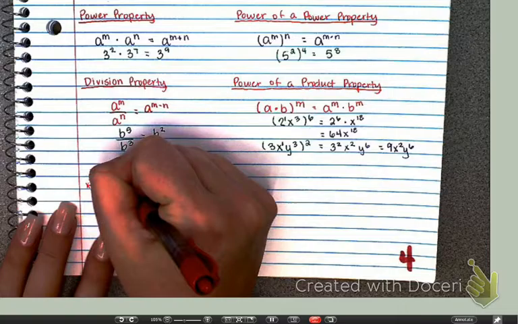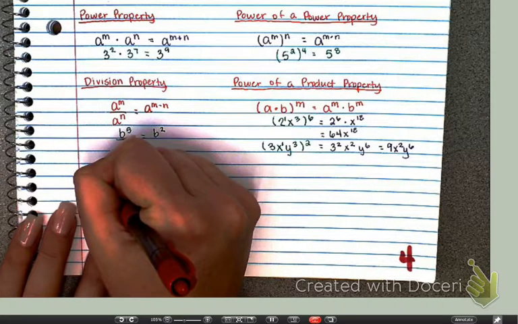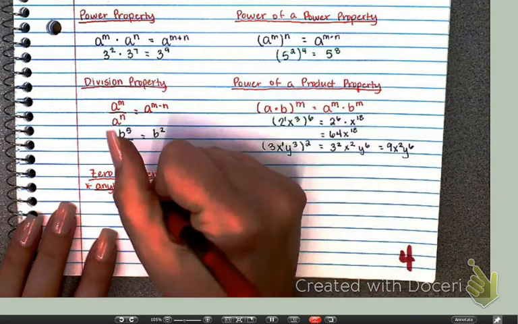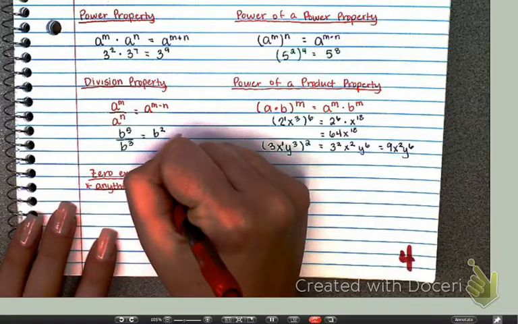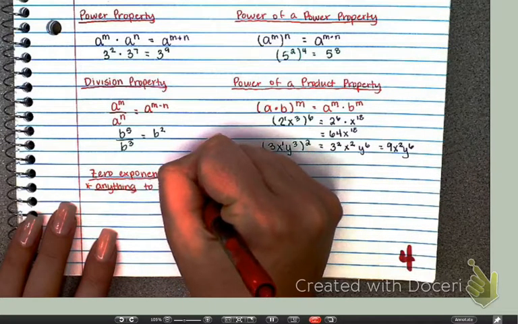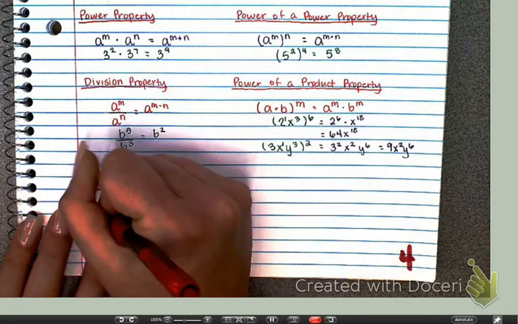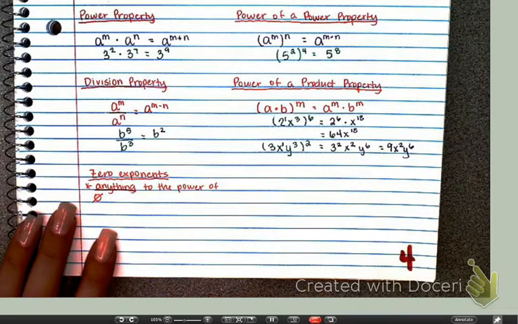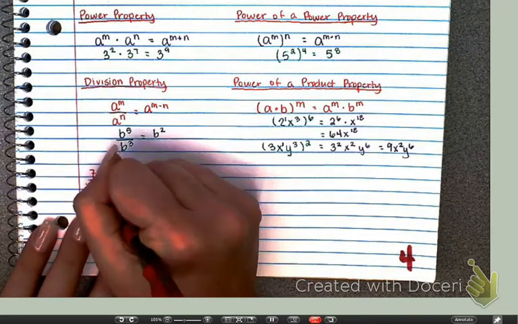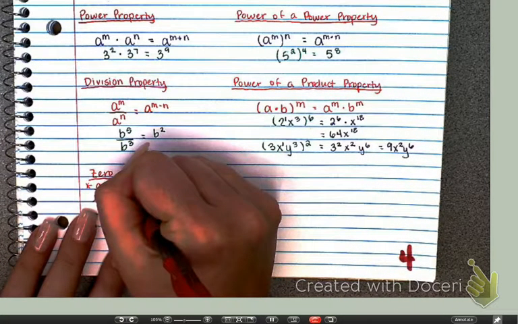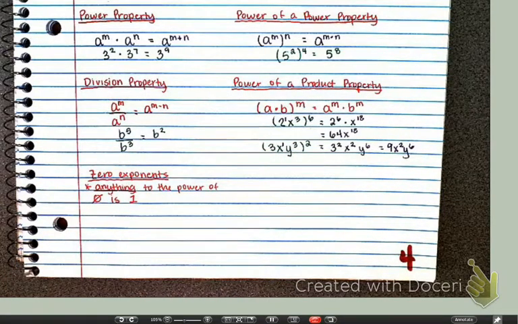Anything in the entire world, anything to the power of 0 is 1. Anything to the power of 0 is 1.